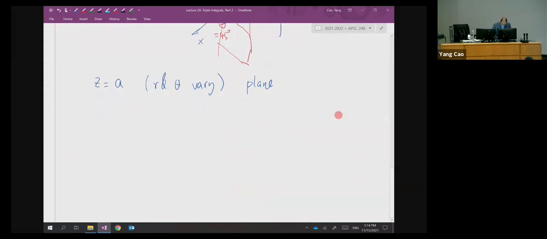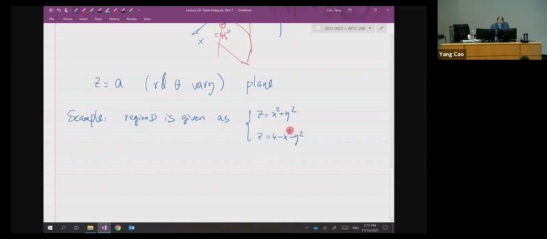I think this is an example I started, but I didn't get a chance to finish. Region D is given as z equal to x squared plus y squared, and z equal to 4 minus x squared minus y squared.